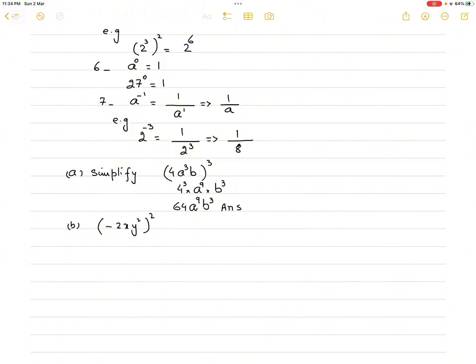So no need to write positive, and I will start by writing 2 power 2 times x power 2 times y, which is already power 2, so powers always multiply with each other, so y power 2 into 2 is 4. So 2 power 2 is 4, x power 2, y power 4 would be my answer.